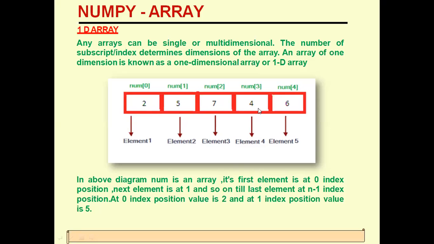The first element is in the zeroth position, just like a list, but it has a similar data type in one sequence. The second element is in the first position, the third element in the second position, the fourth element in the third position, and the fifth element in the fourth position.